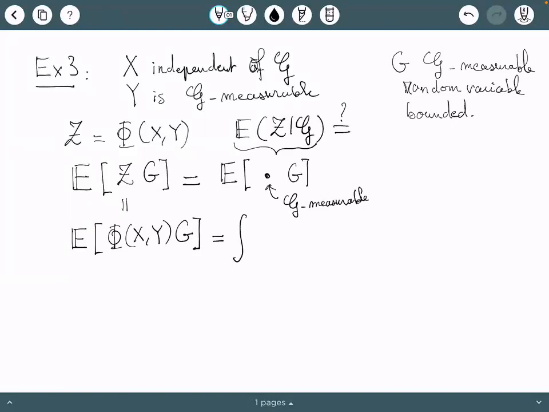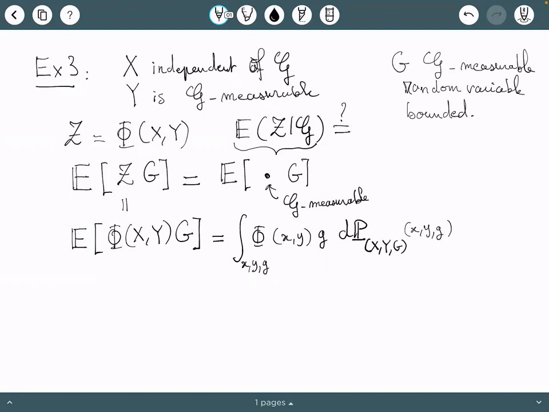I can write it as the integral over small x, small y, small g of phi x, y, g integrated against the law of the vector X, Y, G. Okay, it is the transfer formula.